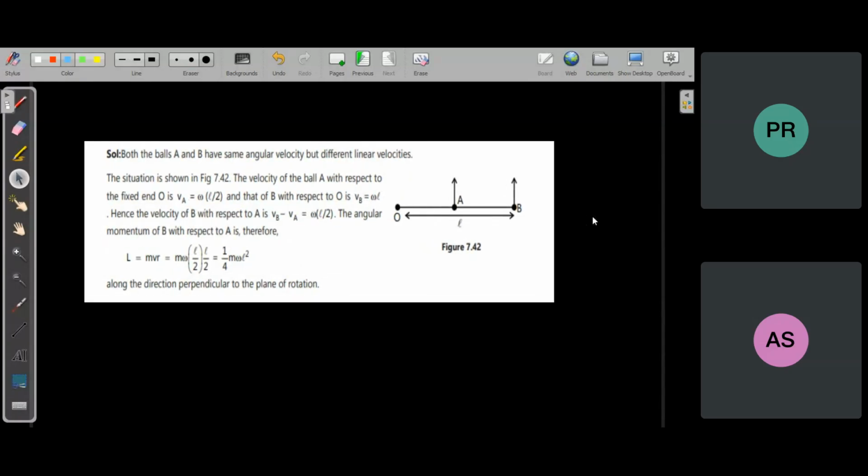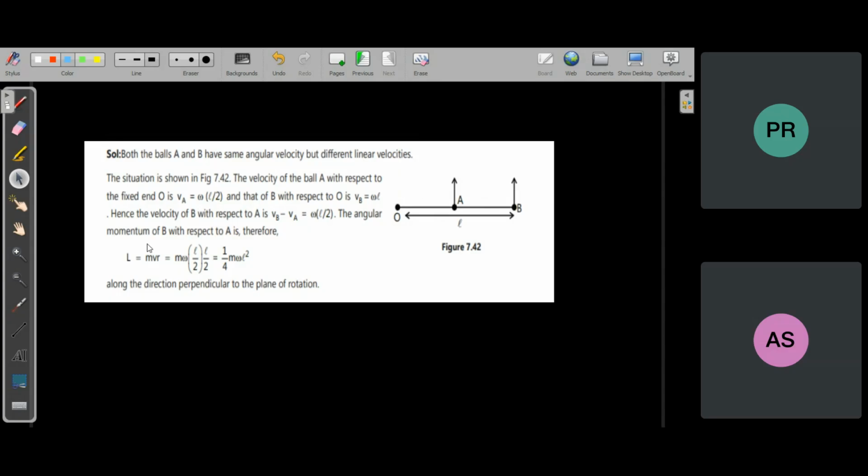For ball A, it will be m omega L square by 4, and for ball B, it will be m omega L square, because of the lengths L and L by 2. It's asking for the relative angular momentum, so we can subtract L_B minus L_A. Then we get 4 minus 1, 3 by 4 m omega L square.